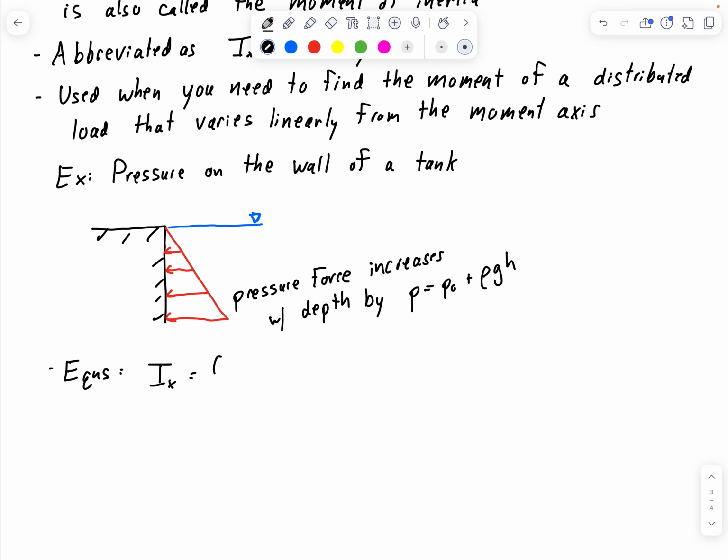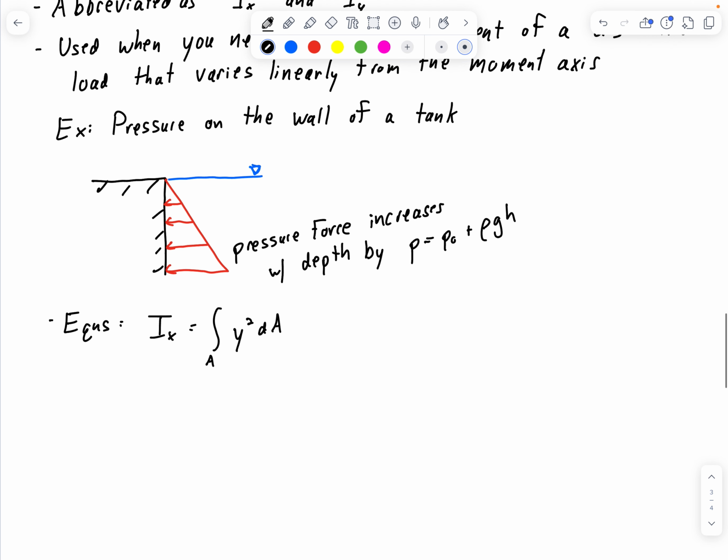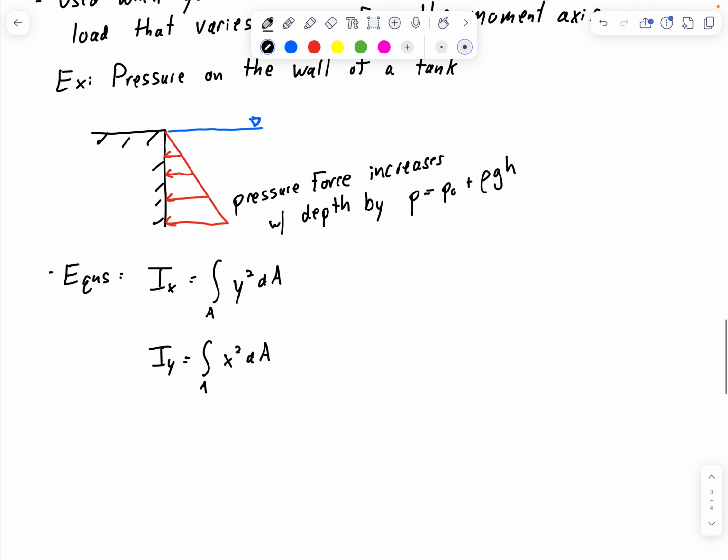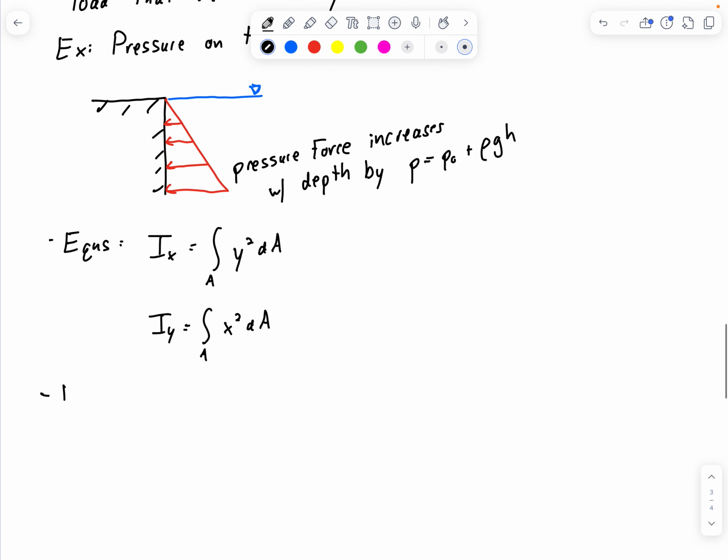Ix is equal to the integral over the area of y squared dA. And I sub y is equal to the integral over the area of x squared dA. Now you'll notice that these terms will have dimensions of length to the fourth, right?